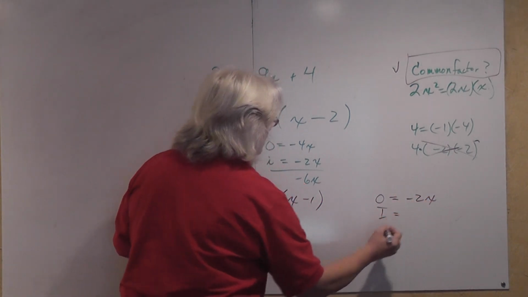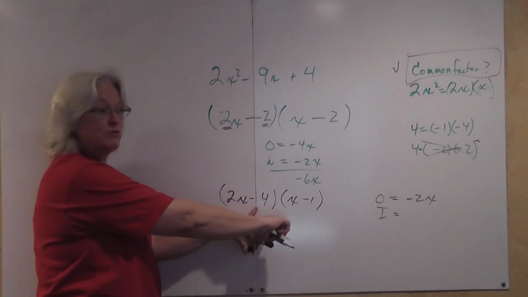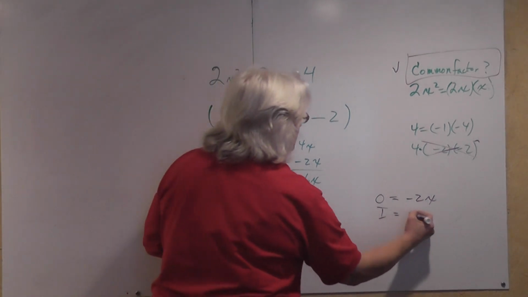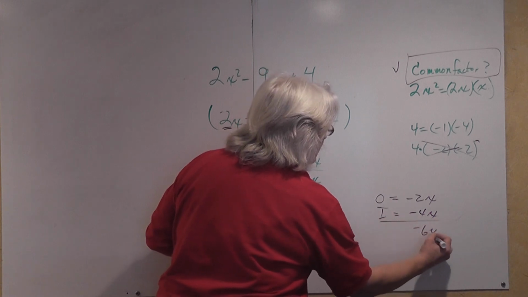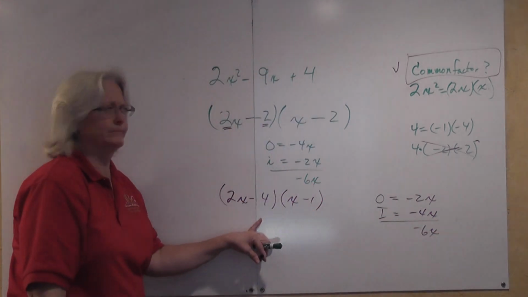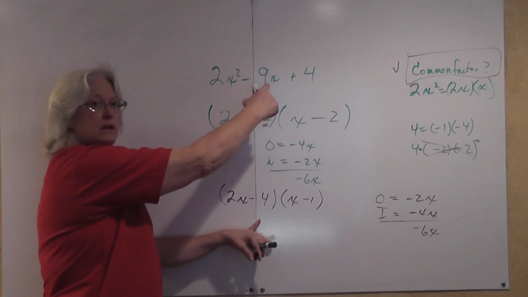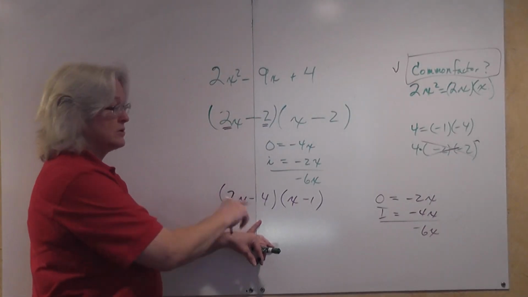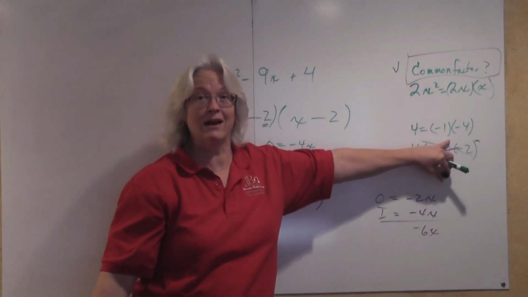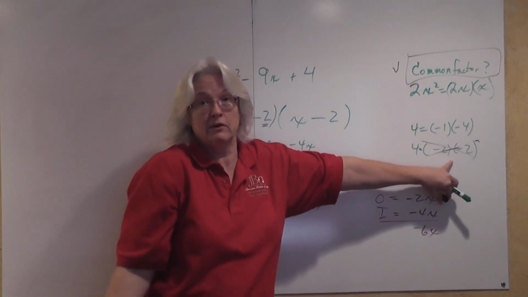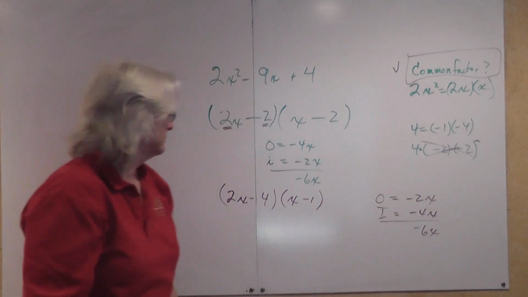What's our inner product? -4 times x, -4x. What's our sum? -6x. We needed a -9x. So this doesn't work. But we know it has to be this pair of factors because -2 times -2 doesn't work.